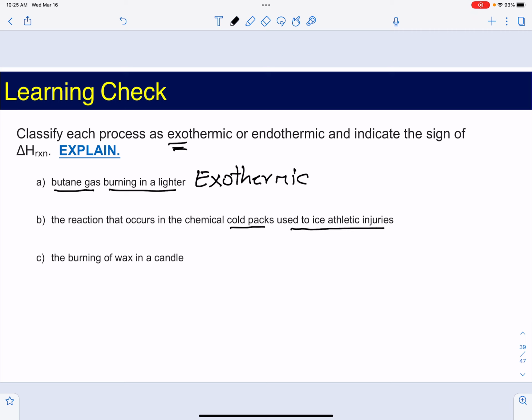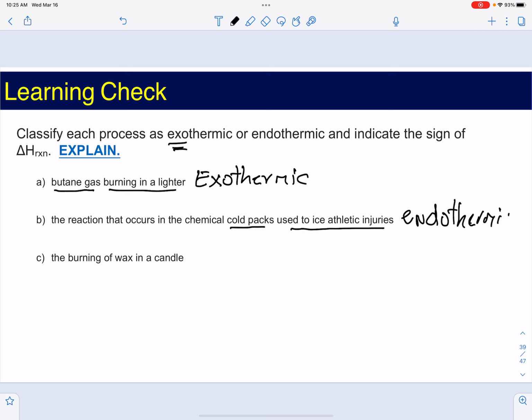If I'm feeling cold, it's because I'm losing energy. And something is taking that energy. What's taking that energy? The reaction happening on the cold pack. So the reaction happening on the cold pack is taking energy away from me. So it's taking energy in. So therefore, the process on the reaction is going to be endothermic.